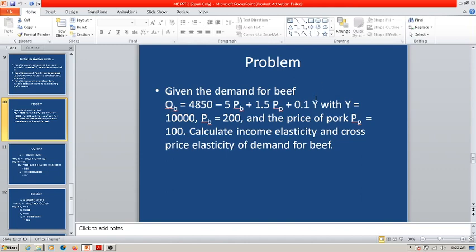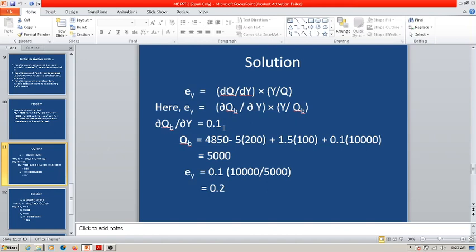To find the influence of this variable upon the dependent variable, for the time being we keep all these other terms in a bracket. We are taking into account this term alone. Since these are additive constants, there will be no influence. You can eliminate all these terms, and the only term will be 0.1Y, and if you take the partial derivative, it will turn out to be 0.1.